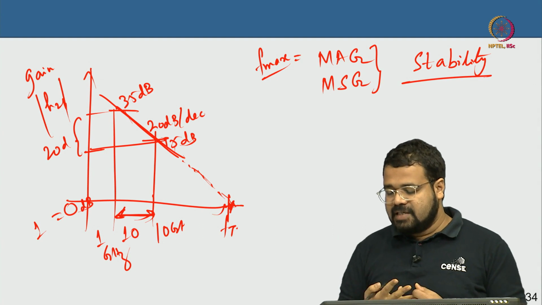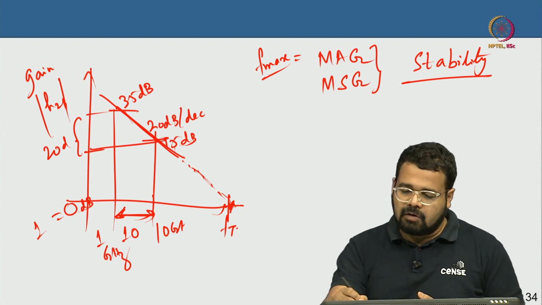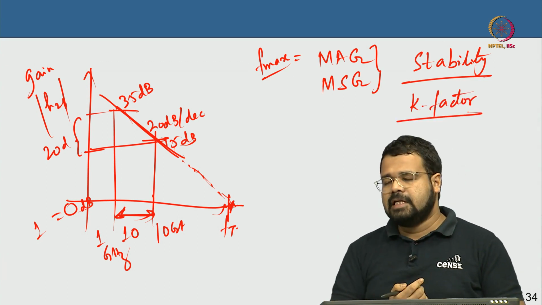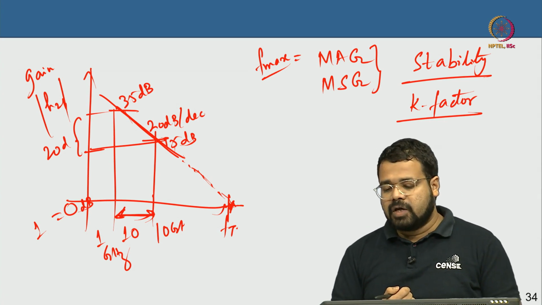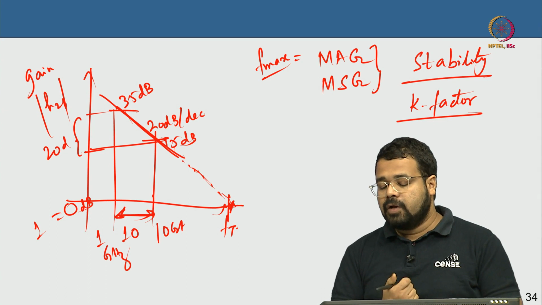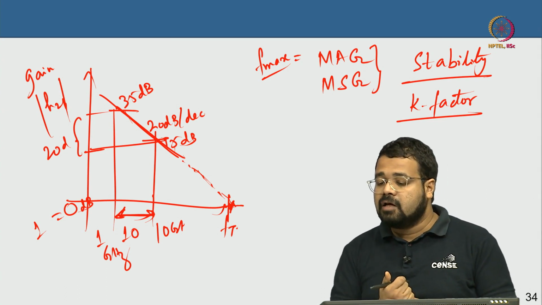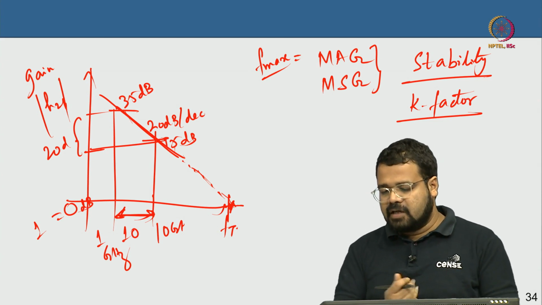So you need to have a stability, and stability is defined mathematically by something called a K factor, and experimentally you can measure it from S parameter, again scattering parameter. So K factor will tell you whether the device is stable or not, and there is something called unconditionally stable, okay, and there is something called conditionally stable. So there are different categories there.